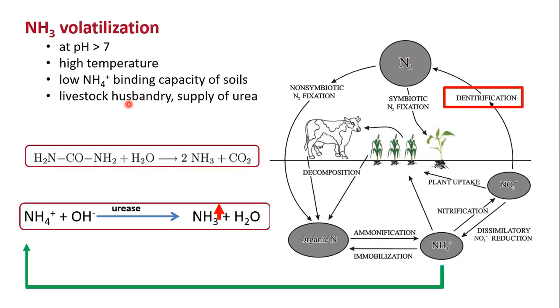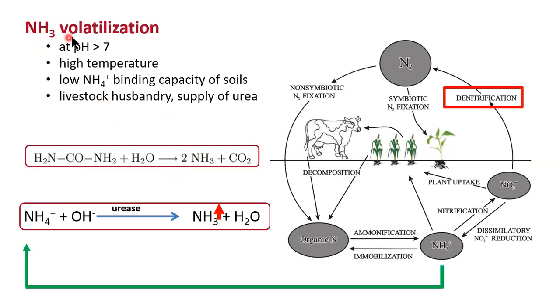So if you don't have a binding capacity for ammonium, and you have livestock husbandry or a urea supply, because the urea is directly converted into ammonia gas. So that process is called volatilization, the conversion from ammoniacal nitrogen into the gaseous form in the form of ammonia.